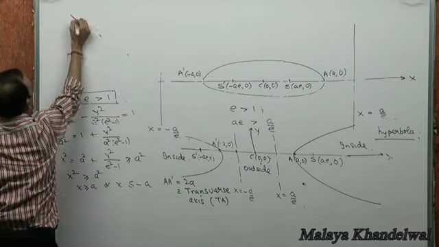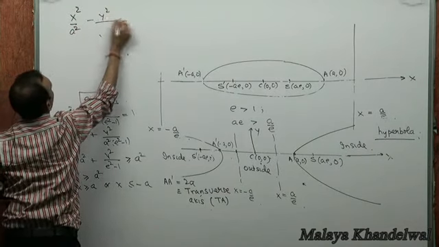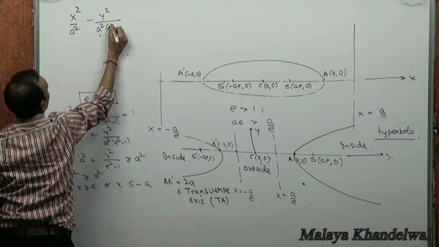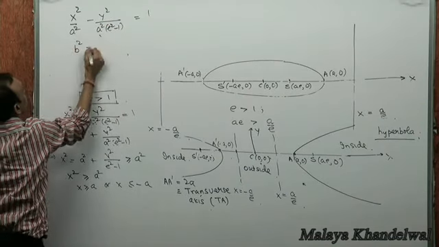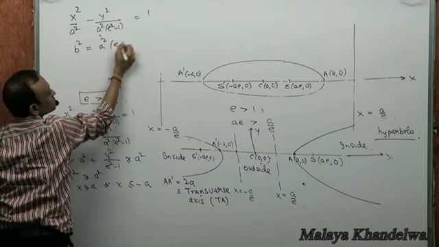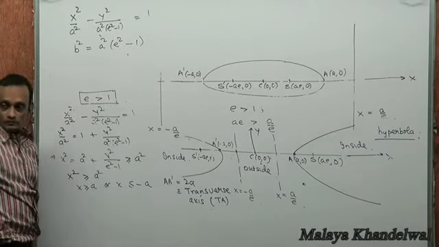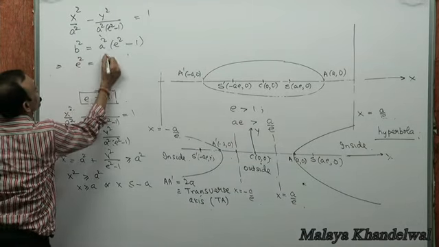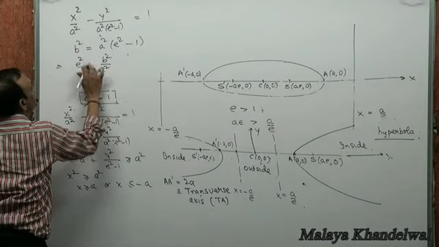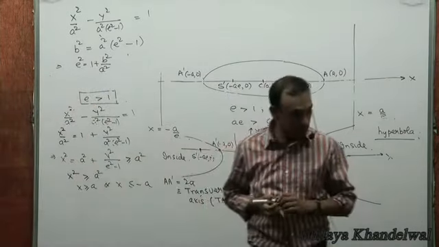So this equation, which is the standard equation of a hyperbola, we often write b squared as a squared into e squared minus 1. E squared then turns out to be b squared by a squared plus 1. 1 plus b squared by a squared is e squared.